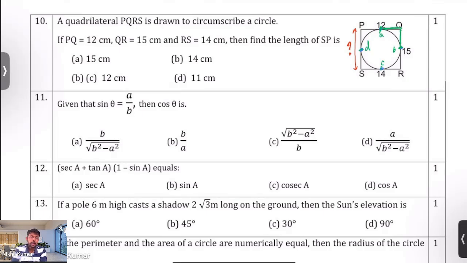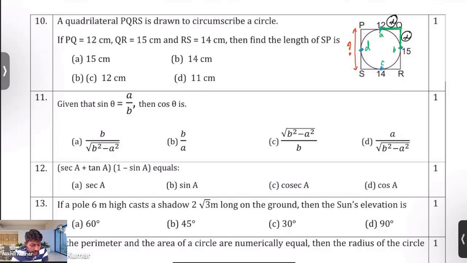Yes or no? Think on it. The part AQ and the part BQ, these are common tangents from a point onto the circle. These are equal. So I'll utilize this. I'll assume AQ as x, so BQ would also be x.